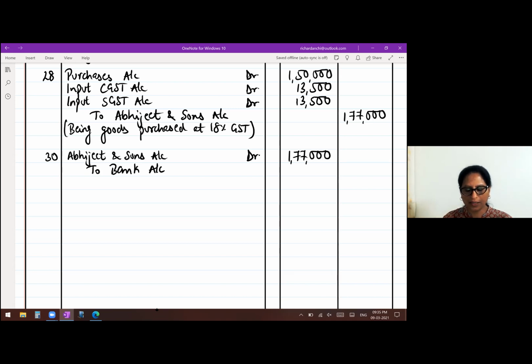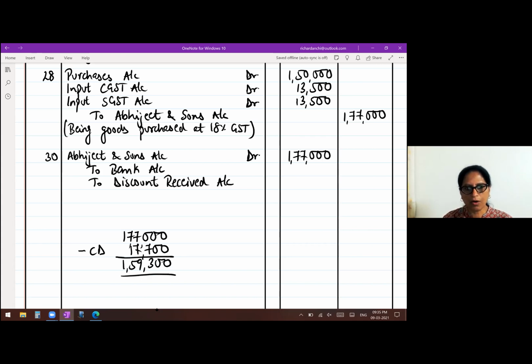Now you have to find out and then write to discount received account. So we have to pay 1,77,000, but you're getting a discount of 10%, cash discount of 10%. So 10% is 17,700, and the balance is 1,59,300. So this is the amount that you are paying by the check.